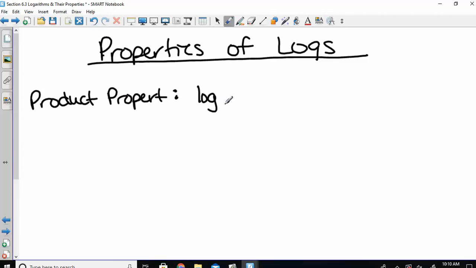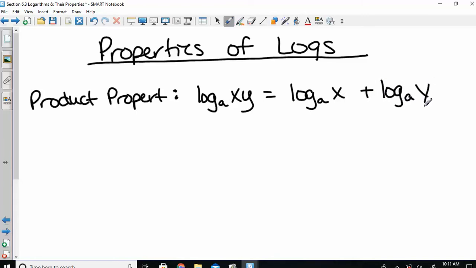So the product property says if you have a log of 2 things being multiplied together, you can do the log of each one added. And I'll talk more about the why tomorrow as well.